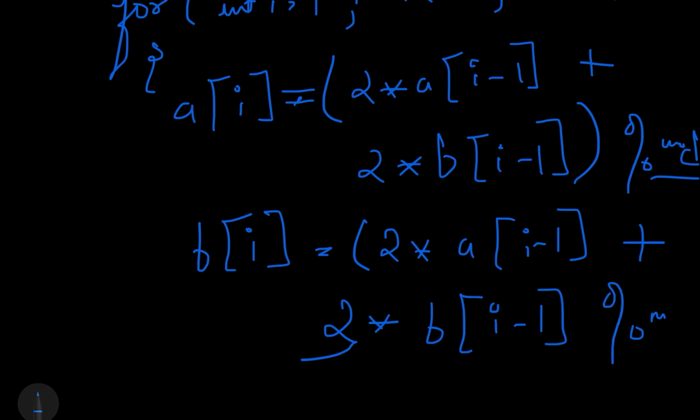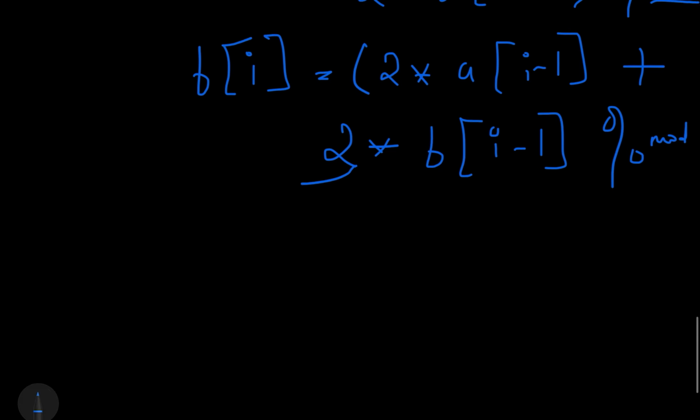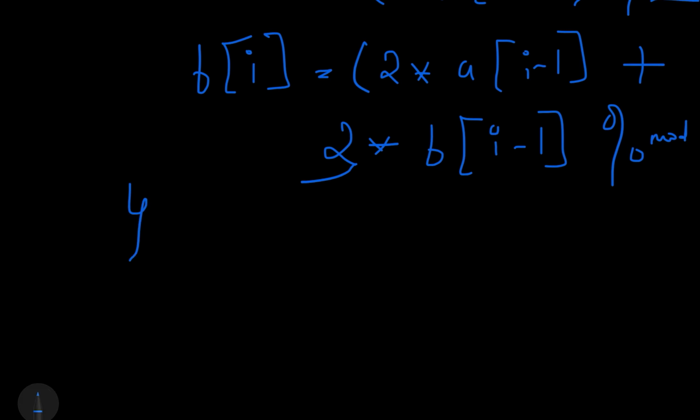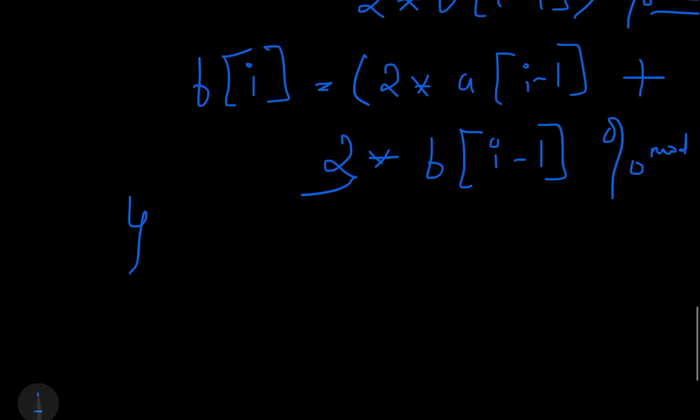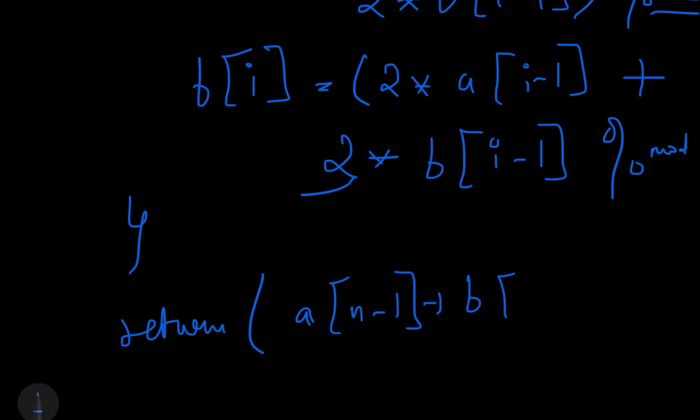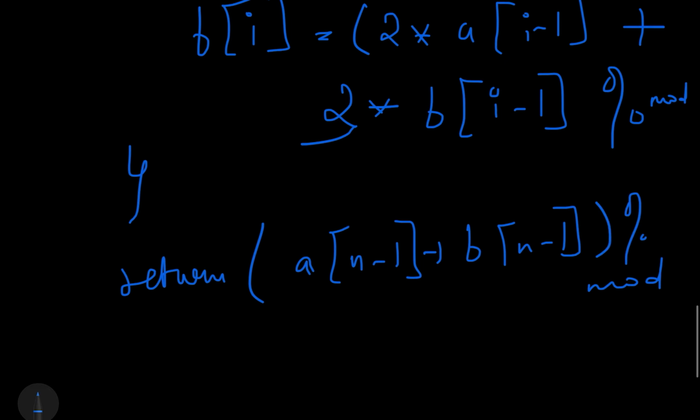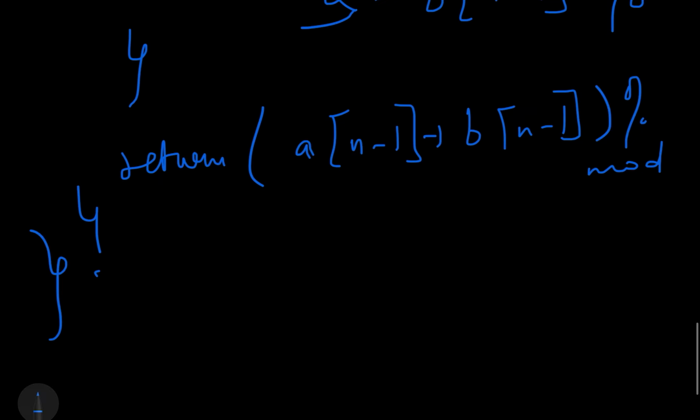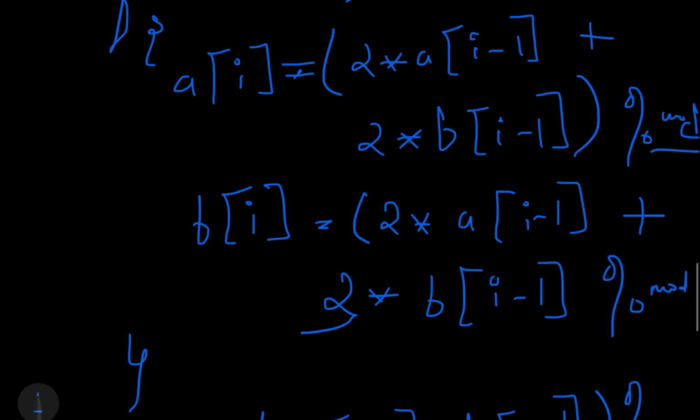Then again we'll do the mod, to make sure it stays within the range of long long. Finally we return a of n minus 1 plus b of n minus 1 mod, and it will return our total number of ways to color the grid.